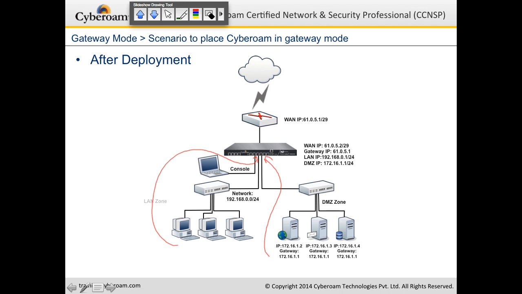So at the user level or the server level, you don't have to change the IP addresses or the gateway. You just configure the same IP addresses on the Cyberoam on port A or LAN and DMZ. And that's it, you're pretty much done with deploying Cyberoam in gateway mode. You can either choose the wizard to configure it, or you can directly log into the Cyberoam, go to the interface settings and configure it there.